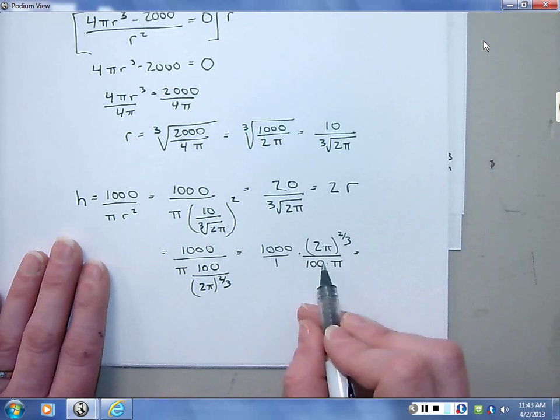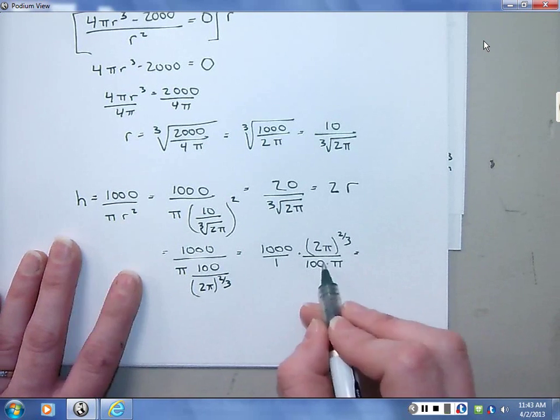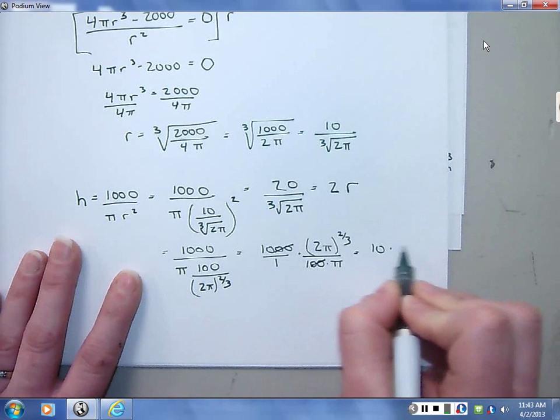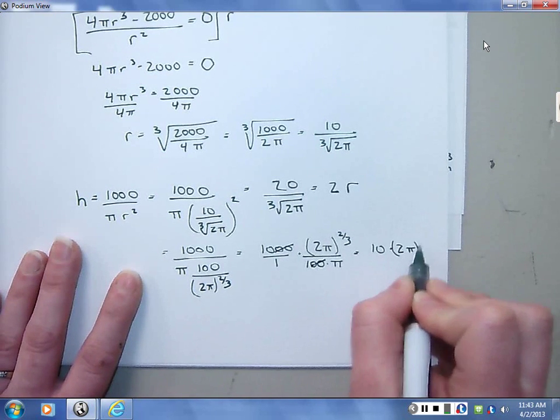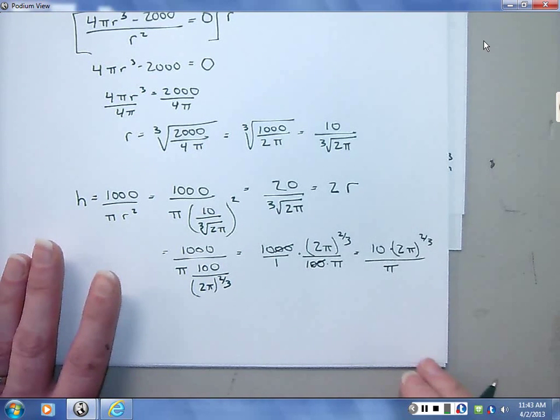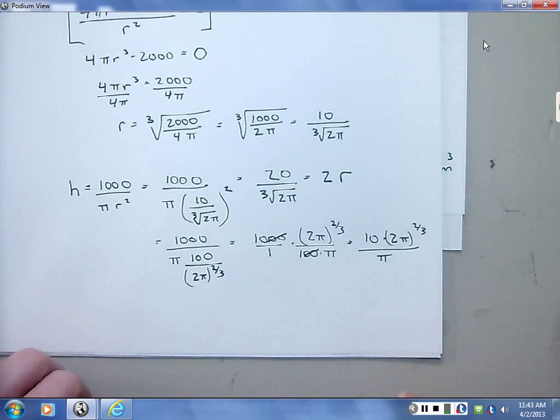So what would I get here? This would cancel, and I would have 10 times 2 pi to the 2/3 over pi. And I multiply top and bottom by 2 pi to the 1/3.